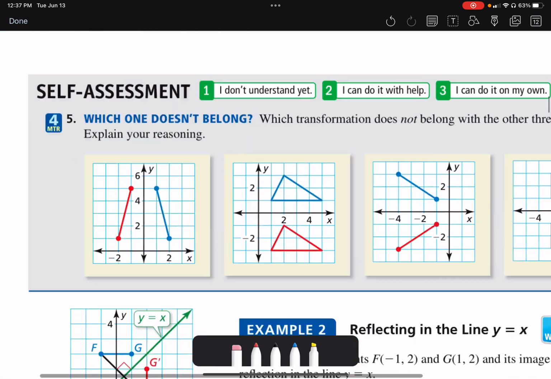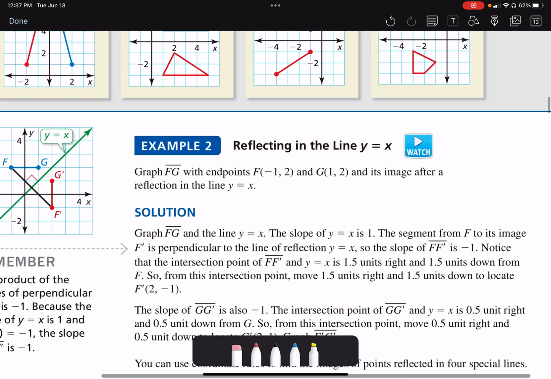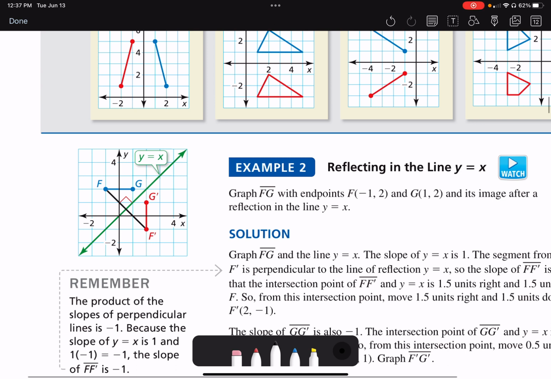All right, so let's move on. Reflecting in the line y is equal to x. This is y is equal to x, that green line, okay?